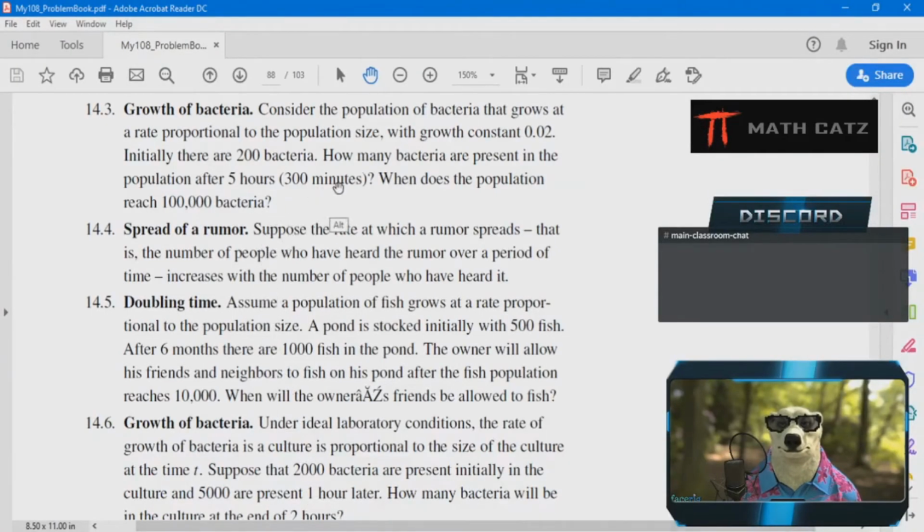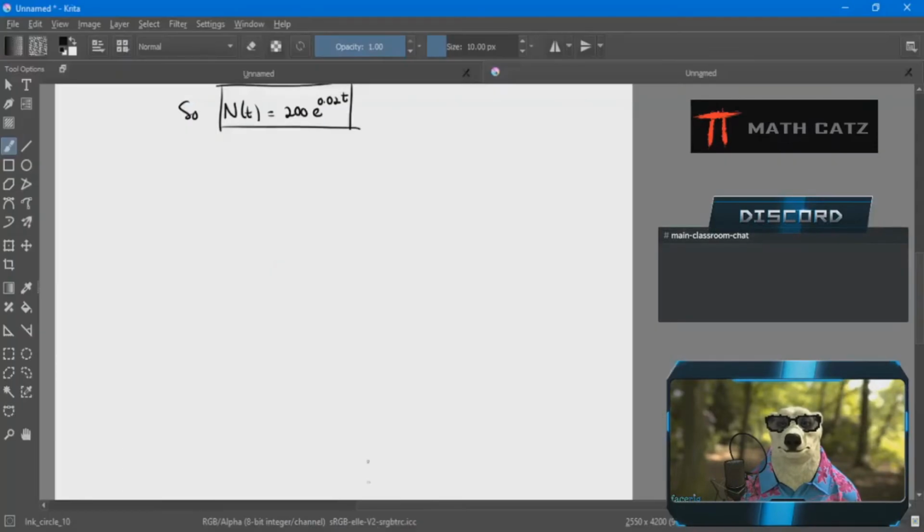And their first question is, how many bacteria are present in the population after 5 hours, 300 minutes? Now, they didn't say these questions exactly, it's a first draft of this book. They didn't quite say exactly what the time unit is. In this case, I'll just clarify that the time unit, I believe, is in minutes.